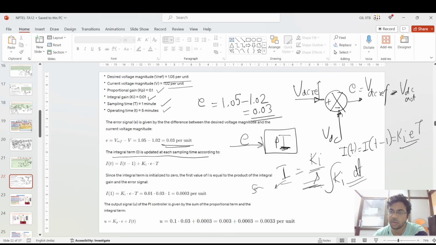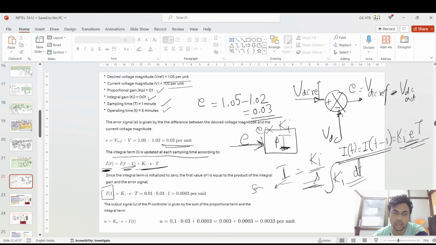The 1 by S is the integration over dt, so it is KI multiplied by the error multiplied by the time, which is equal to the difference of the samples, I(t) minus I(t-1). So I(t), the present value, is equal to I(t-1) plus KI times E(t).